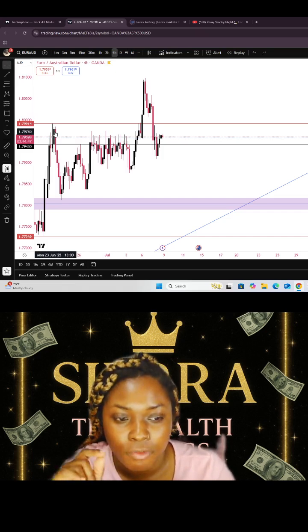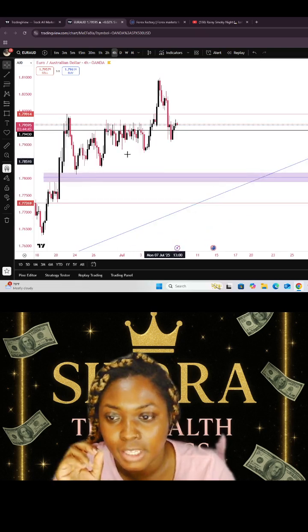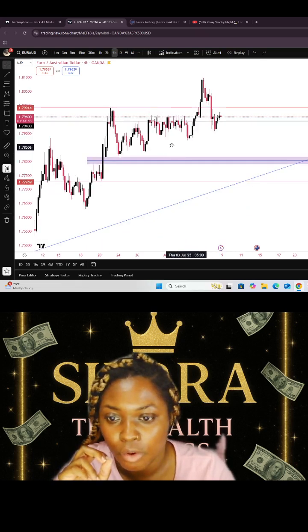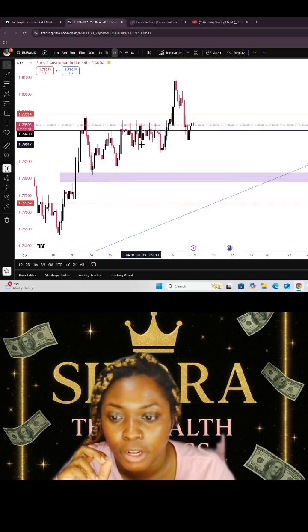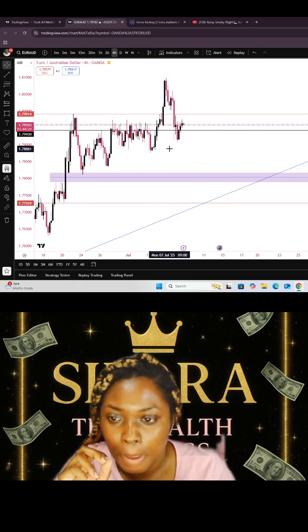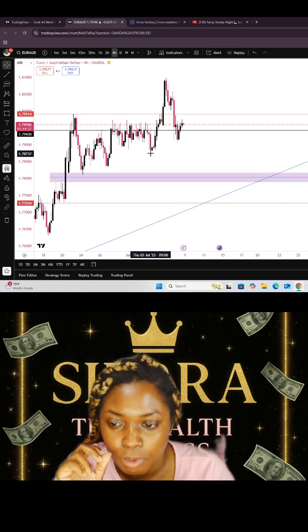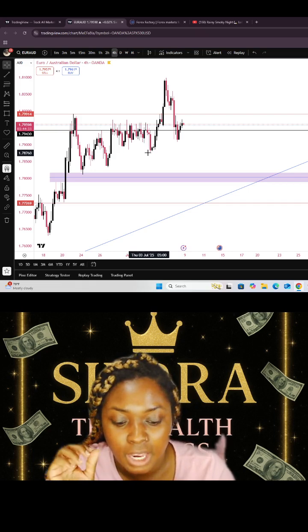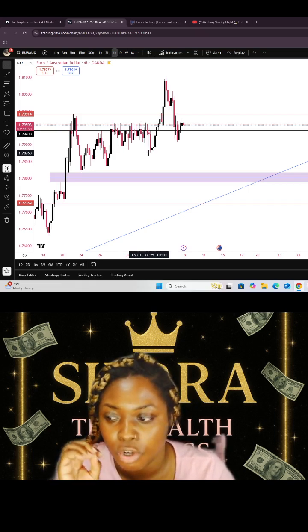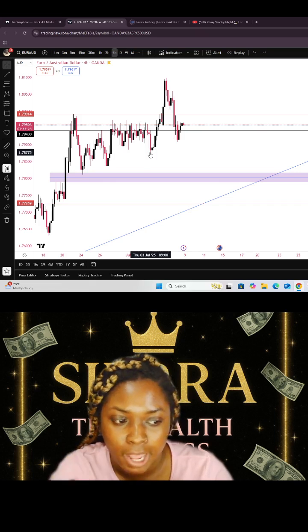The second confluence I'm looking for is a break of structure. I don't have a break of structure here on my 4 hour, because my break of structure would be this area. Your break of structure is the last area that took you to your last high or your last low.